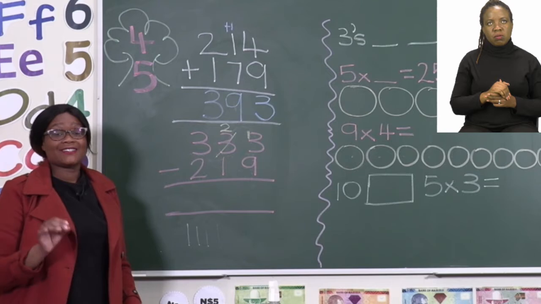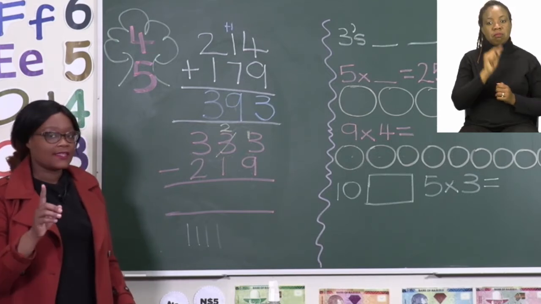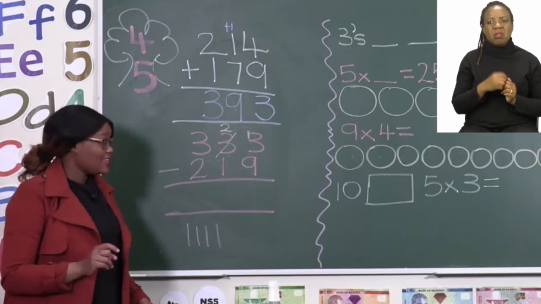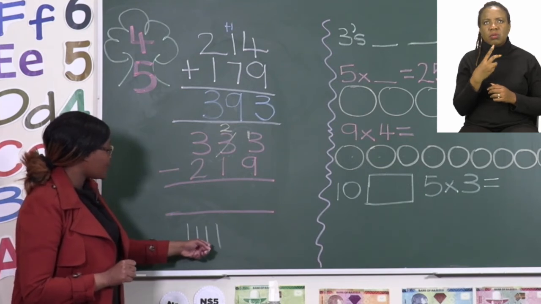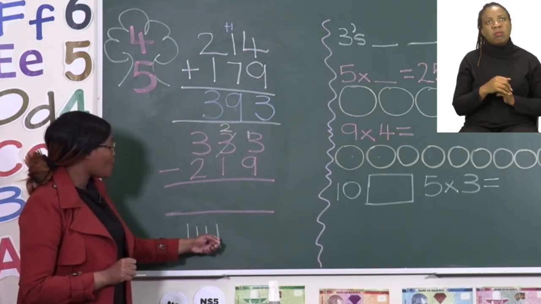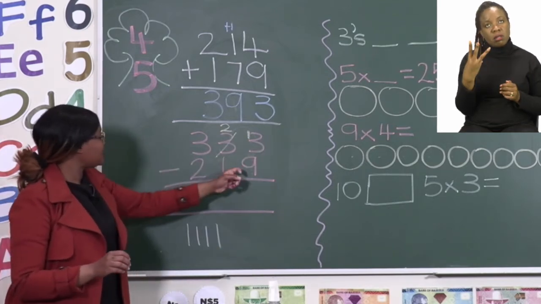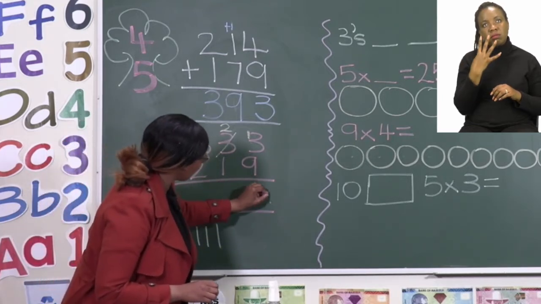After drawing our sticks, it's important for us to count how many sticks we have. The number that we have will be the answer that we're looking for. Let's count our sticks. 1, 2, 3, 4. So now we know that 13 minus 9 will give us 4.